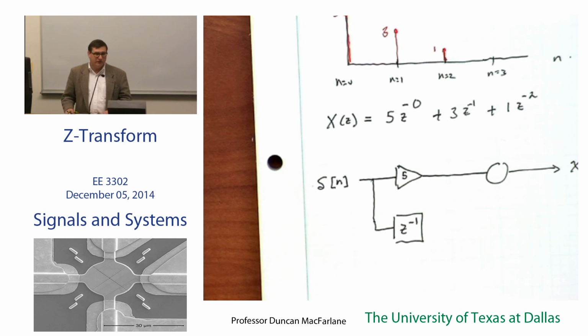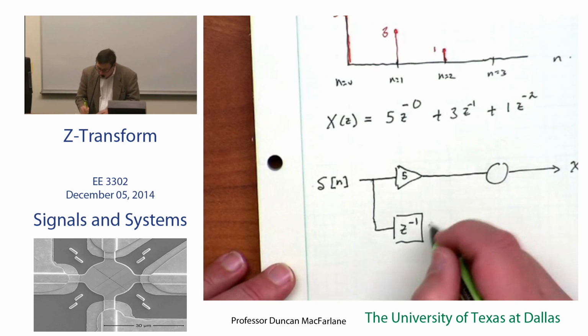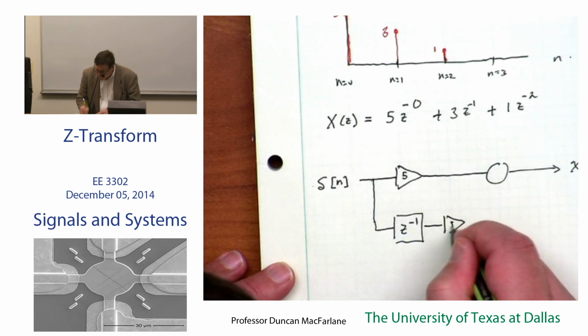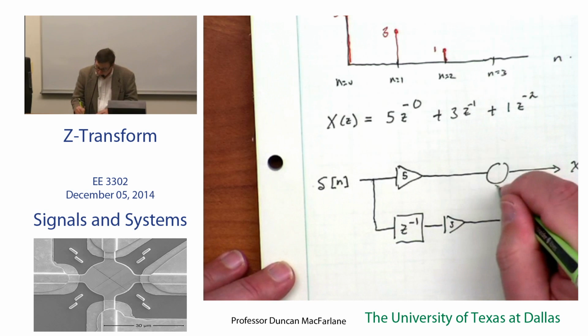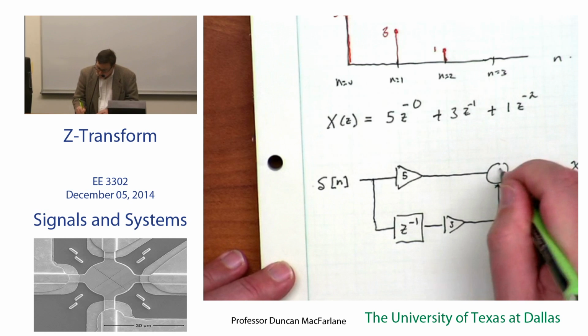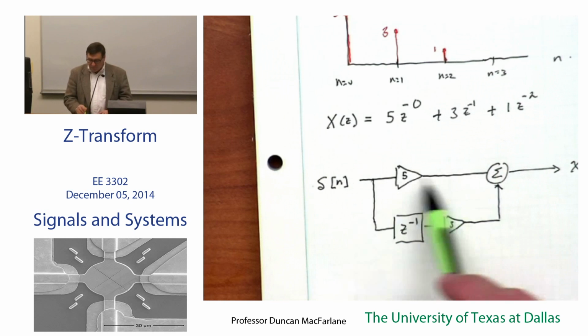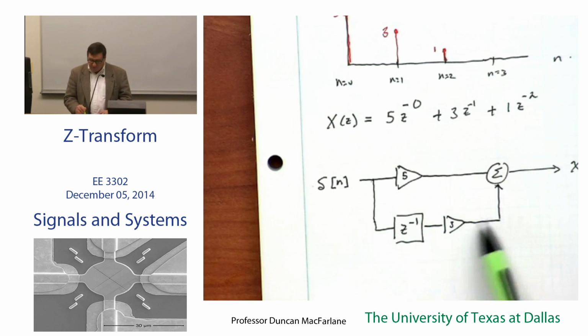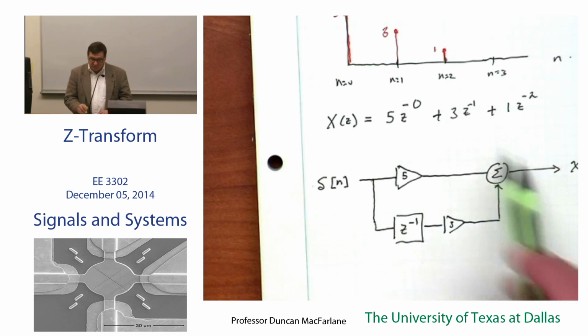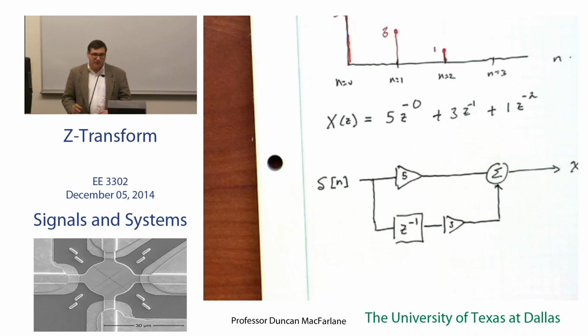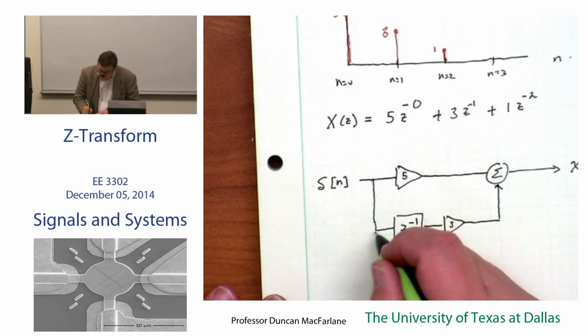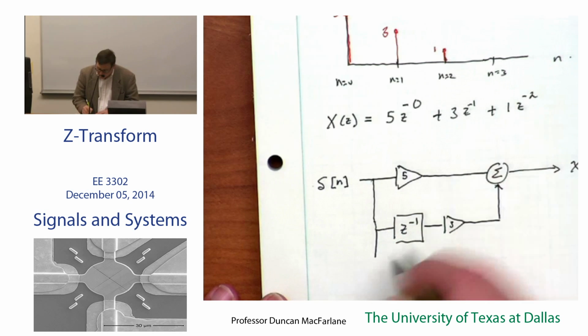This notation is small and huge in impact. Okay, so this is a delay block. And I will scale it by 3, and feed it up to there. And so now what will come out will be a 5 delta function plus a 3 z to the minus 1 term, which is the second term of my signal. And then I also want one more signal.